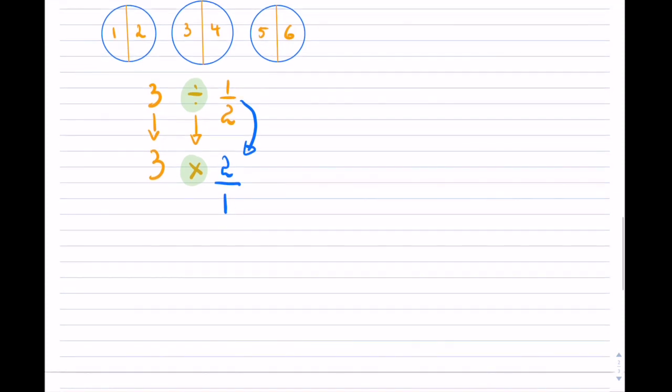And now notice what happens here. 3 is simply 3 over 1, and it's multiplying by 2 over 1. From multiplication basics, we know we multiply the numerators, so that's going to be 6. And then we multiply the denominators, which is 1. And of course, 6 over 1 is just 6.